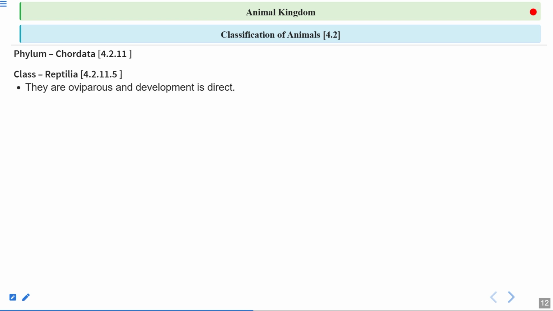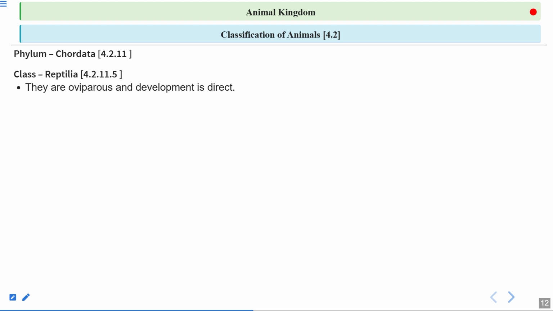They are oviparous and development is direct. Oviparous means they lay eggs. Though the fertilization is internal, they do not give birth to the young ones. They lay eggs. And the development is direct. Direct means when the egg hatches and the new one comes out of the egg, this new one looks the same as an adult, but its size is small.